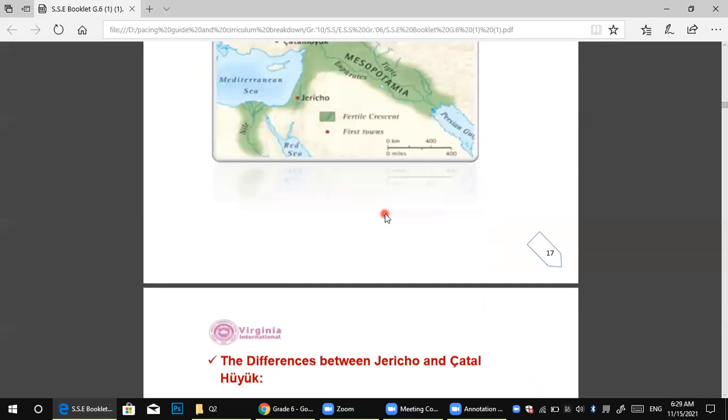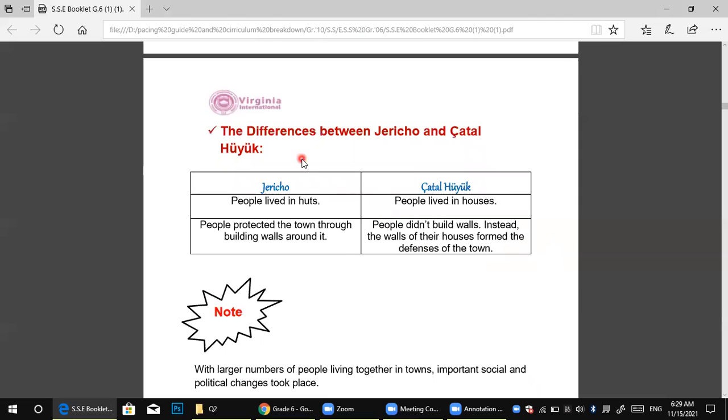After that, the differences between Jericho and Qatar. Jericho people lived in huts, but in Qatar people lived in houses. Of course, houses are more comfortable for the people. Jericho people protected the town by building walls around it. In Qatar people didn't build walls, and instead the walls of their houses formed the defenses of the town.